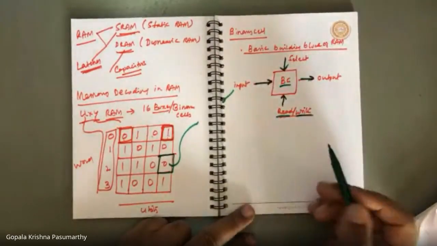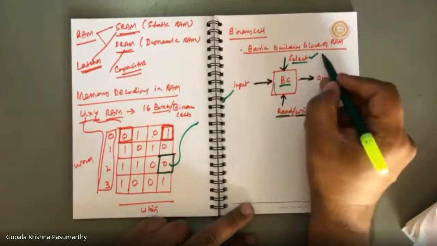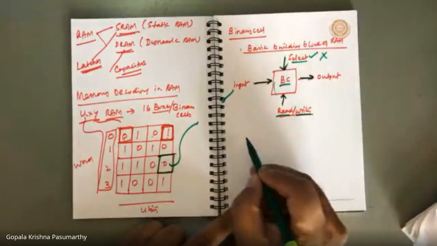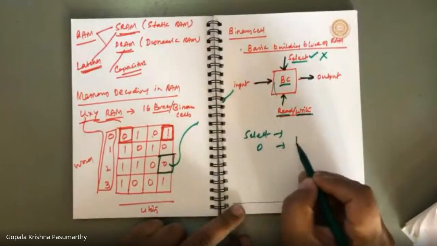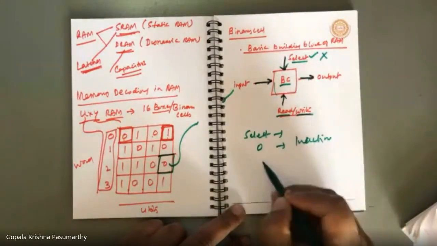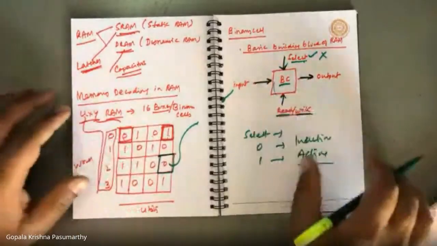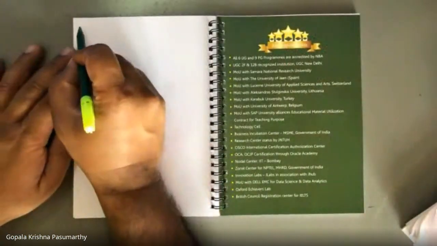If the select is active, then only the cell will come into operation. If the select is not active, the whole cell becomes inactive. If select is 0, this cell becomes inactive. If select is 1, the cell becomes active. Once you understand this binary cell design, then we can understand the memory decoding concept.